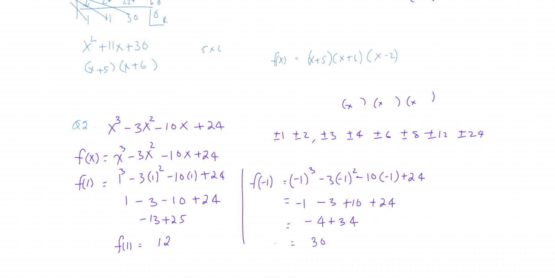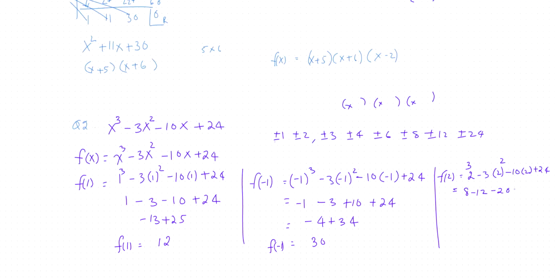Then we try 2. So f of 2 is 2 cube minus 3 times 2 square minus 10 times 2 plus 24. So 2 cube is 8. 2 times 2 is 4, 4 times 3 is 12, and minus 20 plus 24.